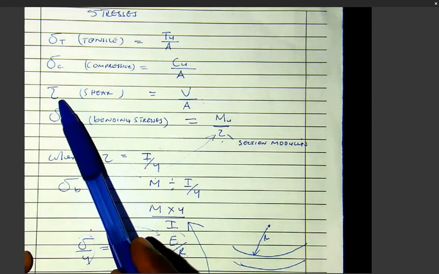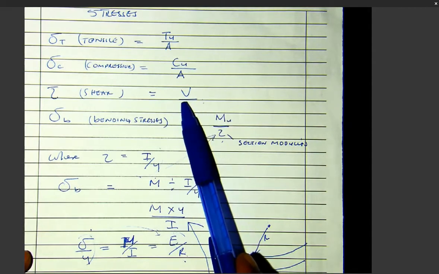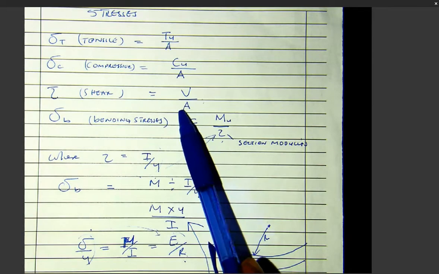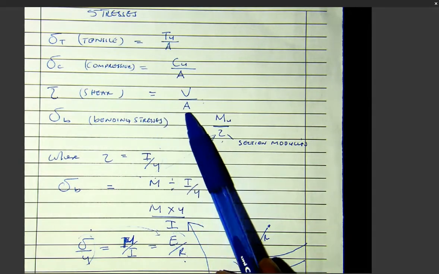Then you've got shear. You know the V at that point, where I'll ask you to calculate shear. What is the area of the section? You know how to calculate areas. That's exactly what we were doing when we were dealing with section properties.